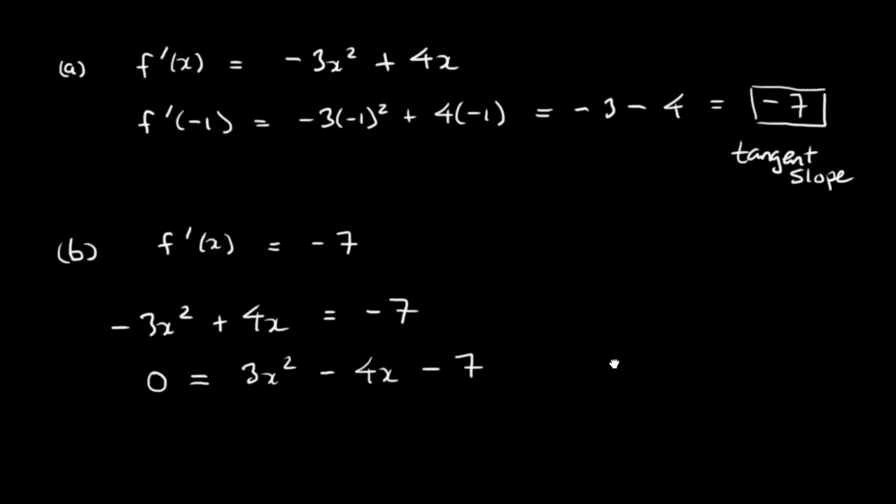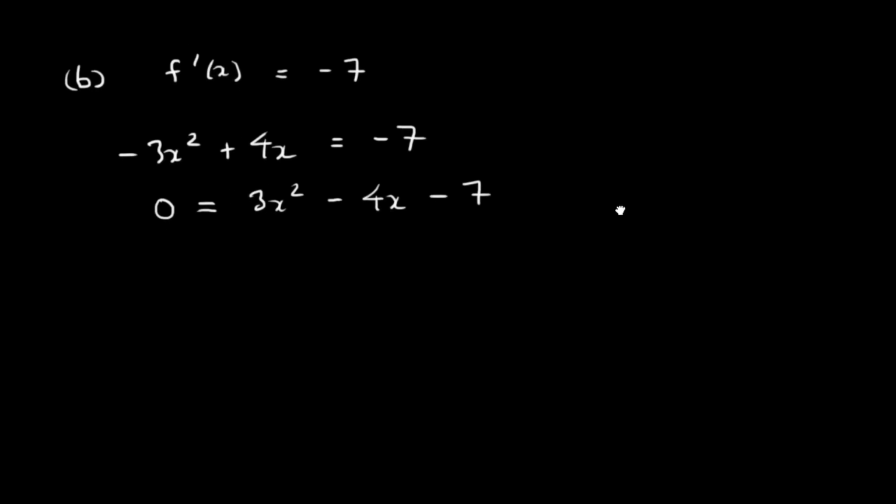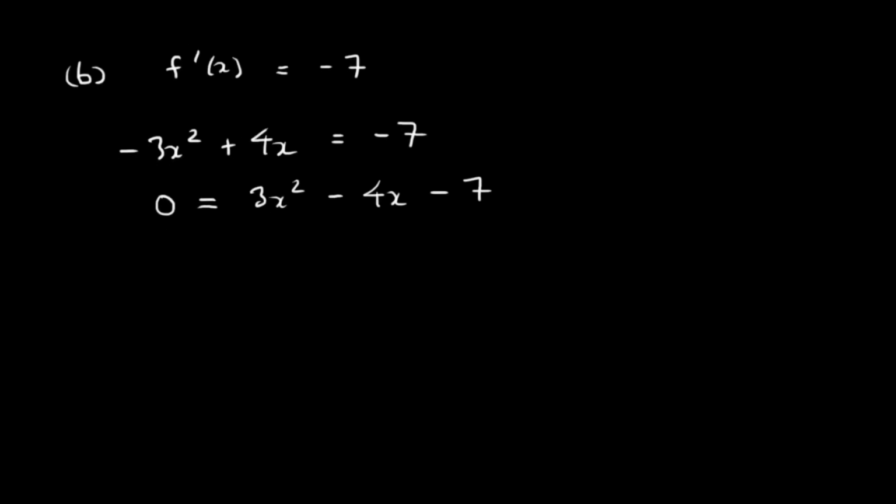And I believe that's factorable. We'll find out in a few more seconds here. So let's use guess and check. Notice I'm not even bothering to check to see if it's factorable. We'll find out in a second if I don't have much success here. So that gives me 3x squared, and if I want to get a -7, then I gotta obviously put the only two factors that'll multiply to give me -7 at the end.